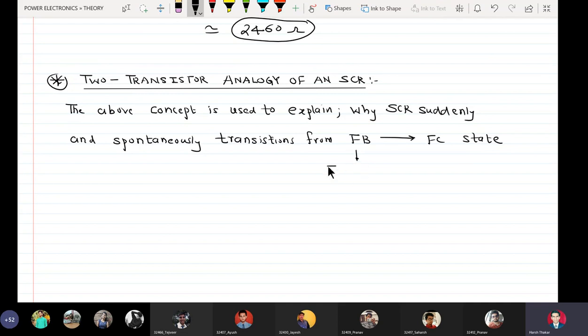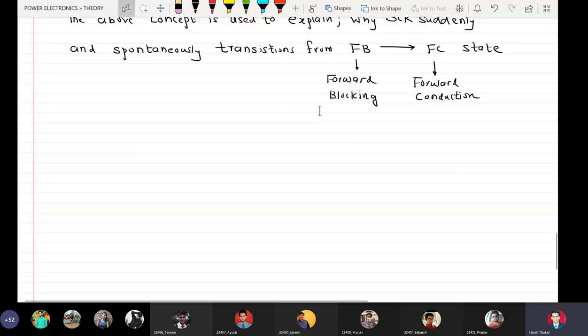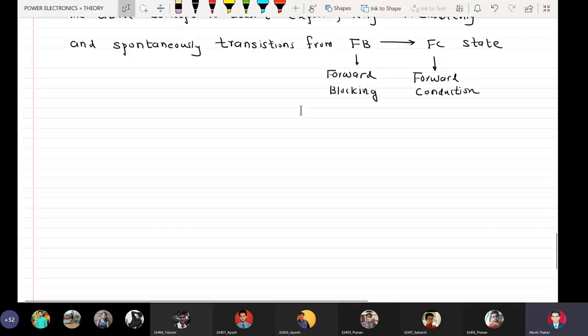So this is not forward biased, this is forward blocking. Usually we have used FB to indicate forward bias and RB for reverse bias, but here when I say FB, it actually means forward blocking, and here it indicates forward conduction, that is quadrant 1 operation.